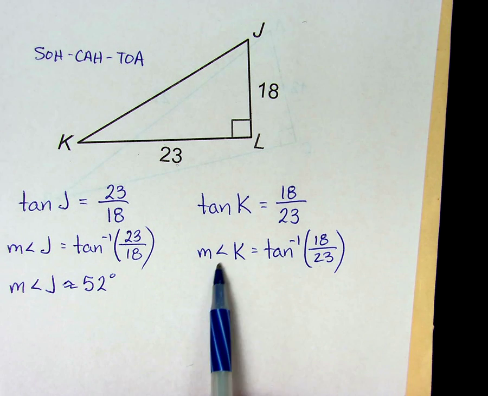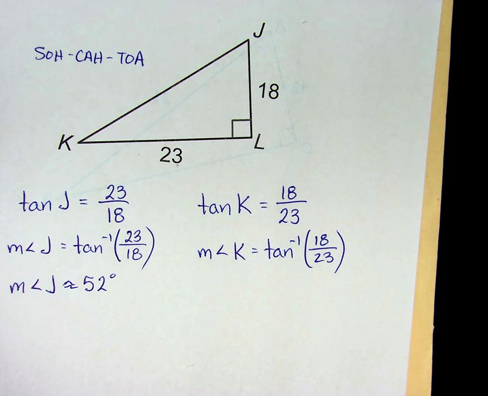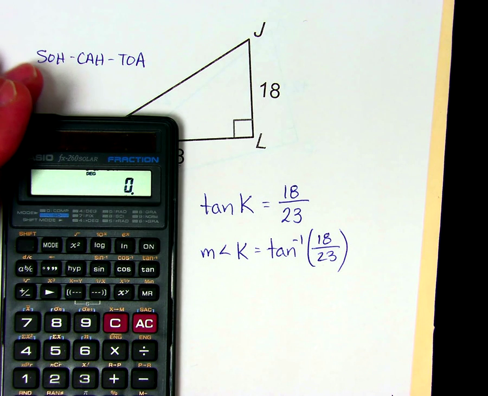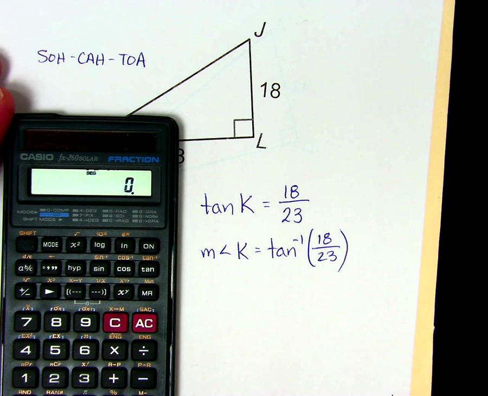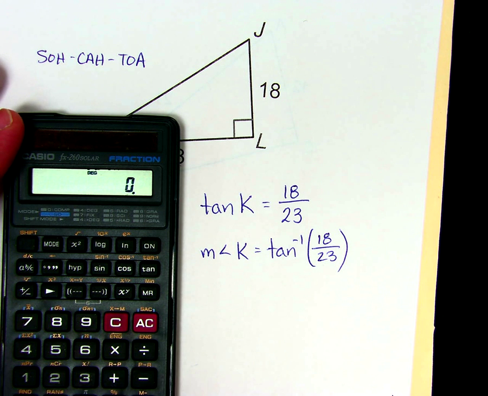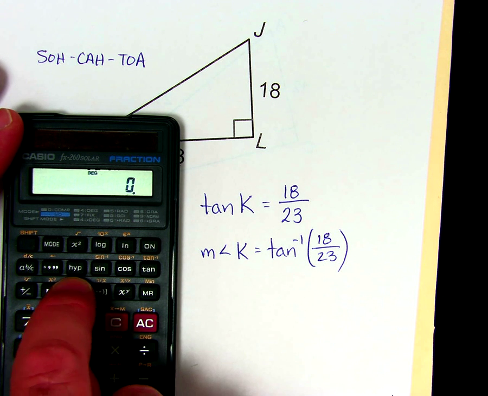Now that it's solved for my variable, the measure of angle K, I can get my calculator out. So let's see here. Here's one that does not follow the order of operations, or I don't see them. It does follow them, but I don't see them all. So I have to do the 18/23 first in parentheses.